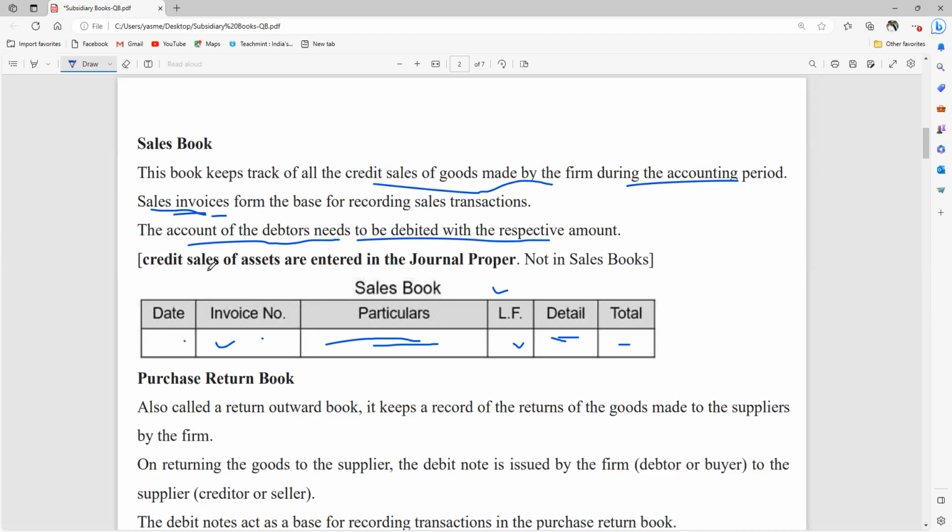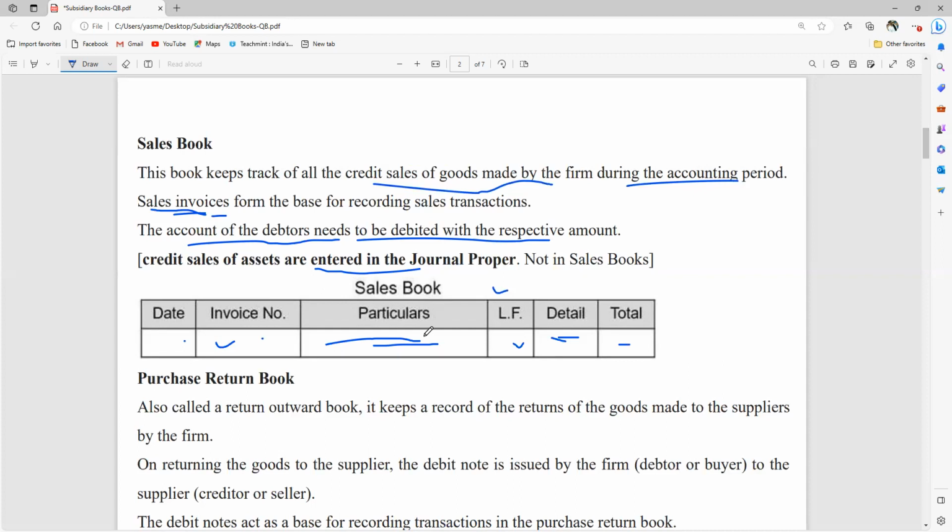Okay, next, credit sales of assets are entered in the journal proper. So here, if in case assets are sold, like furniture is sold on a credit basis, that should be recorded in a journal proper, not in a sales book.